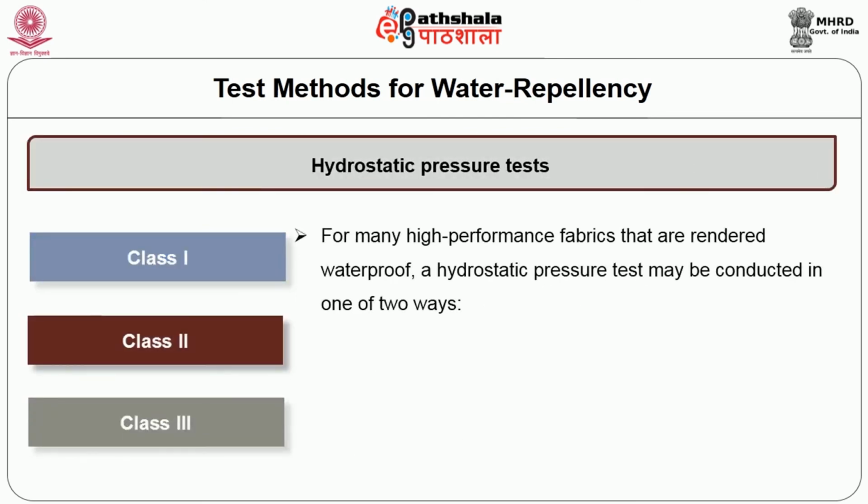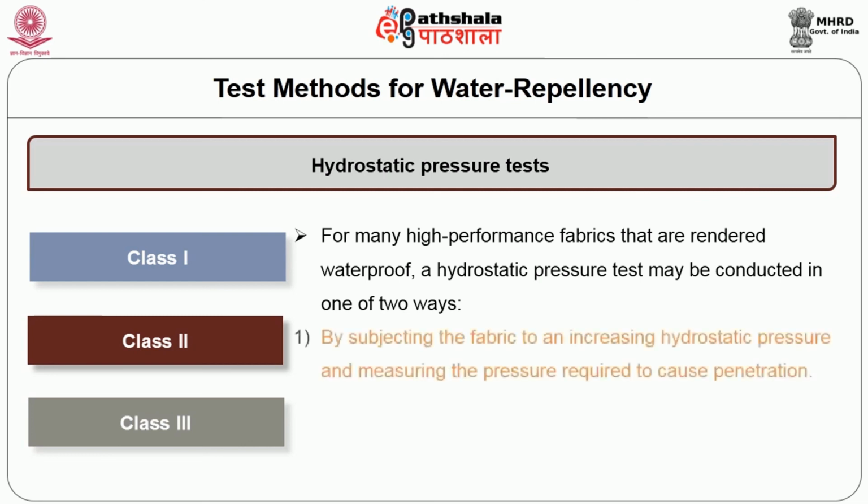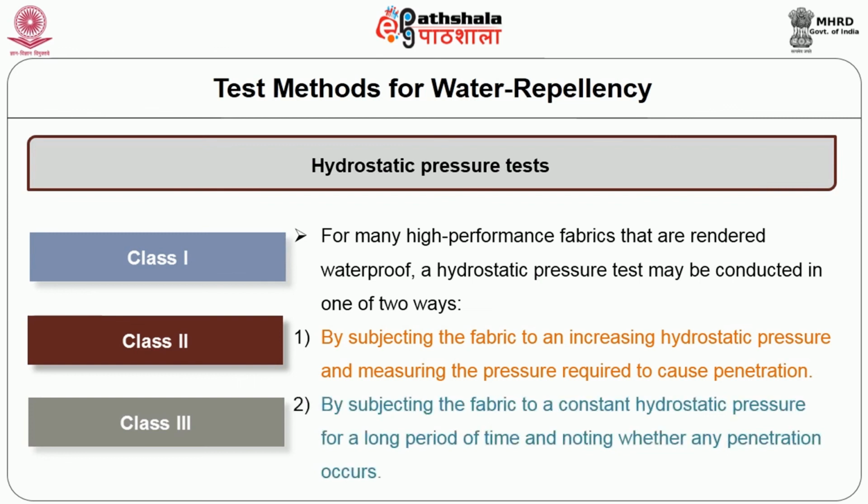For many high performance fabrics that are rendered waterproof, a hydrostatic pressure test may be conducted in one of two ways. First one is by subjecting the fabric to an increasing hydrostatic pressure and measuring the pressure required to cause penetration. The second one is by subjecting the fabric to constant hydrostatic pressure for a long period of time and noting whether any penetration occurs.